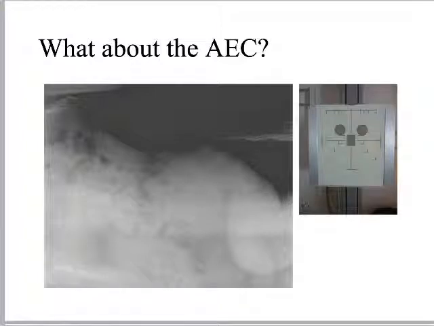So what an automatic exposure control is, it's this device here on the right. It looks like a targeting system of some kind, right? And each one of those targets there towards the center, the two circles and the rectangle, are radiolucent, the x-rays can see through them, ion chambers, right?